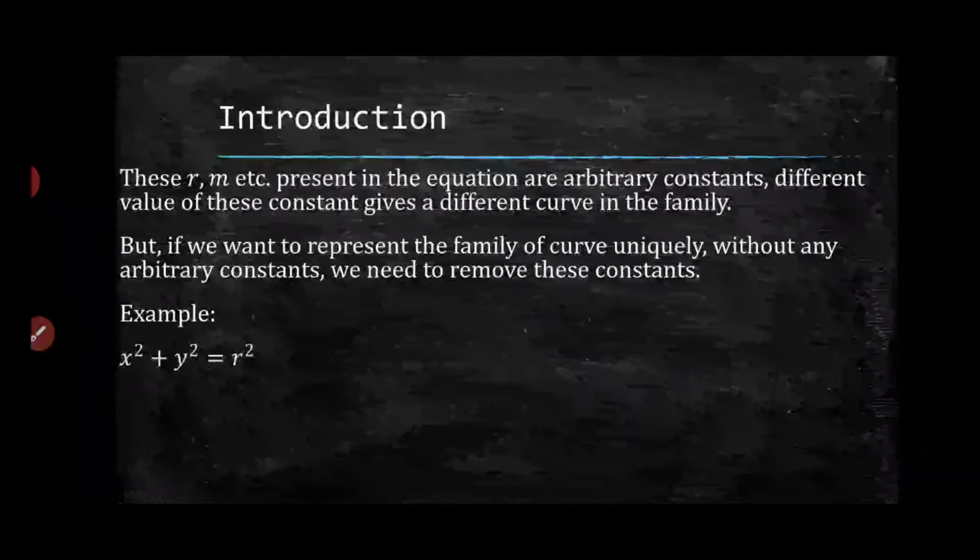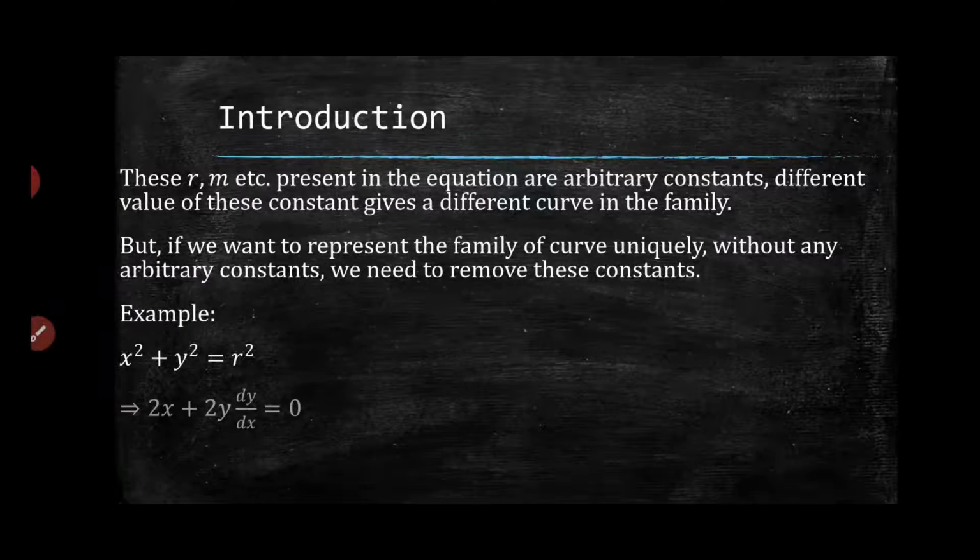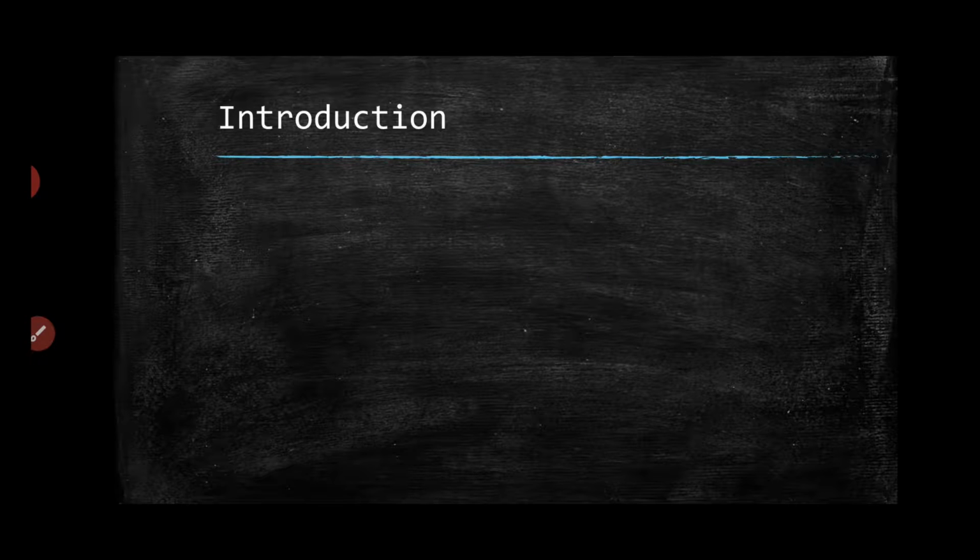To do so, take one example. Say for example, I am taking this very one, x square plus y square equals r square. If I take the derivative, that is 2x plus 2y dy/dx equals 0, or if we just remove the 2, then y into dy/dx plus x equals 0.